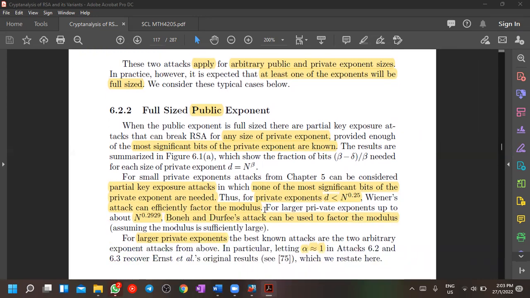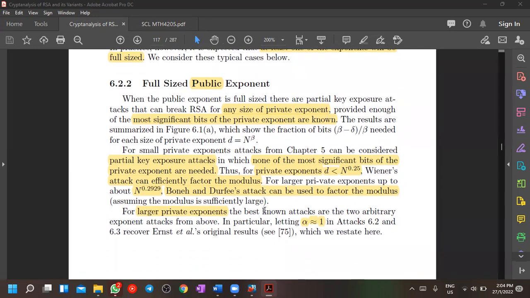For larger private exponents, the best known attacks are the two arbitrary exponent attacks from above. In particular, we let alpha be approximately 1 in attacks 6.2 and 6.3, and then we will recover Ernst et al.'s original results, which we restate here.